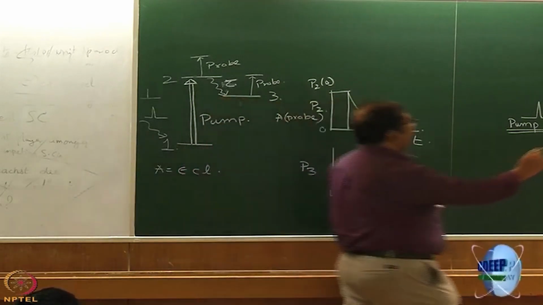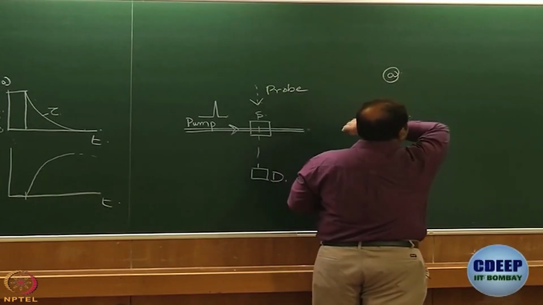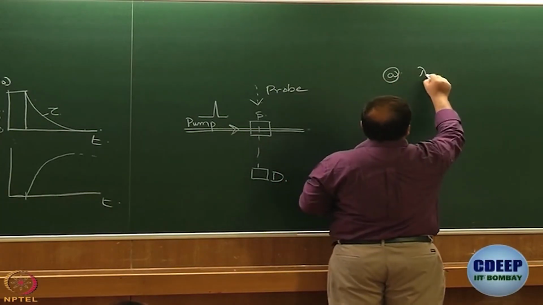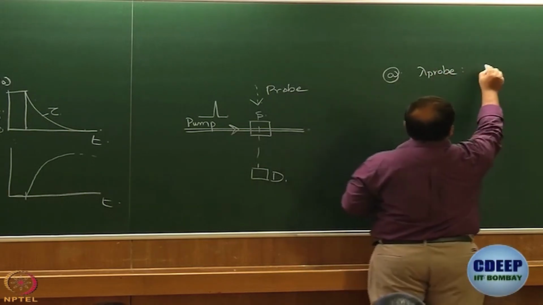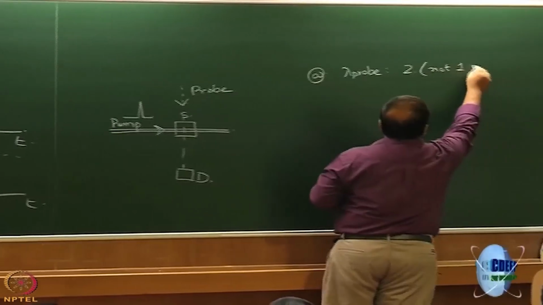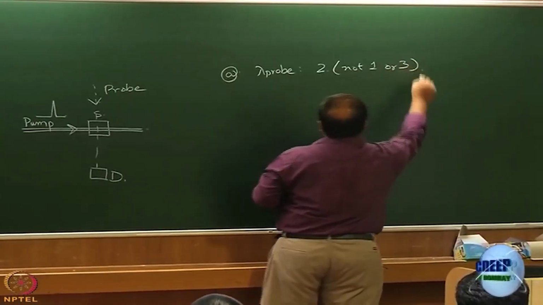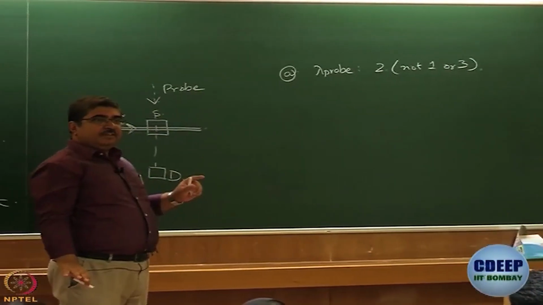So we are talking about case A, when lambda probe is such that it is absorbed by 2 and not 1, not 3. Are we clear? Yes, Madhu.